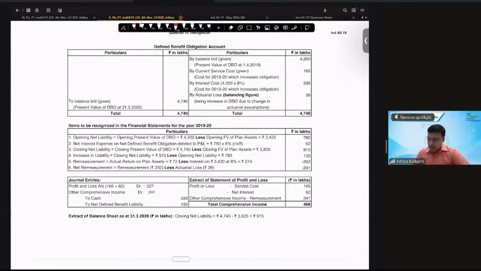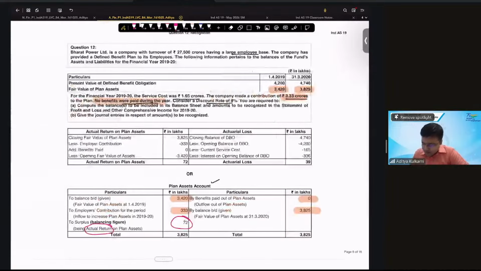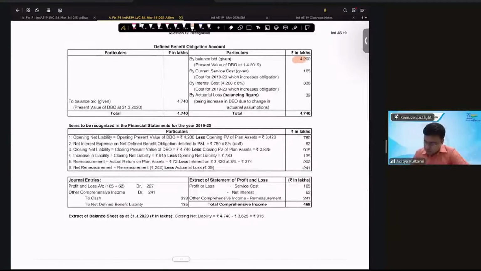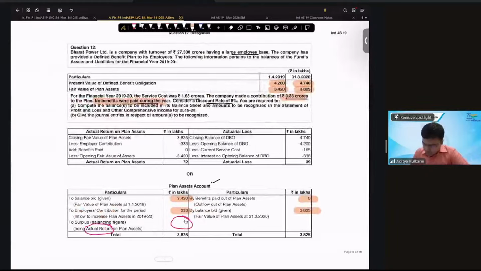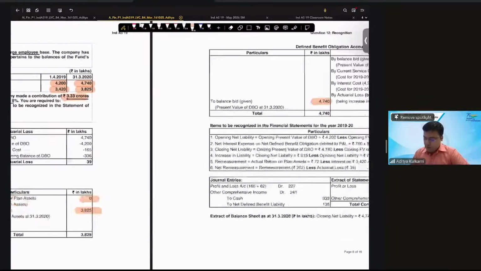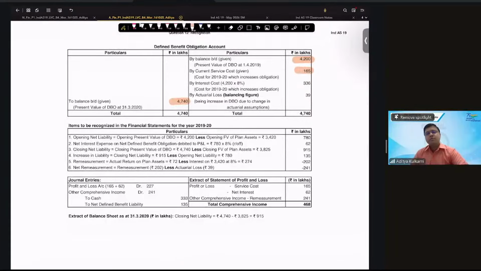Next, if I look at the defined benefit obligation account, opening balance 4,200, closing balance 4,740. Now, current service cost 1.65 crores, so 165 lakhs. Current service cost increases the obligation.